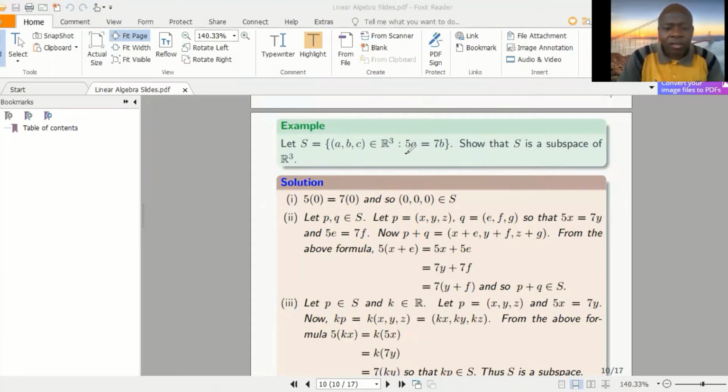So the condition is this. For (A, B, C), you're only given the condition about the first and the second element. And when you look at this, it means that A should be the same as 7 out of 5 B. That means I have no problem with the C. C can be anything.